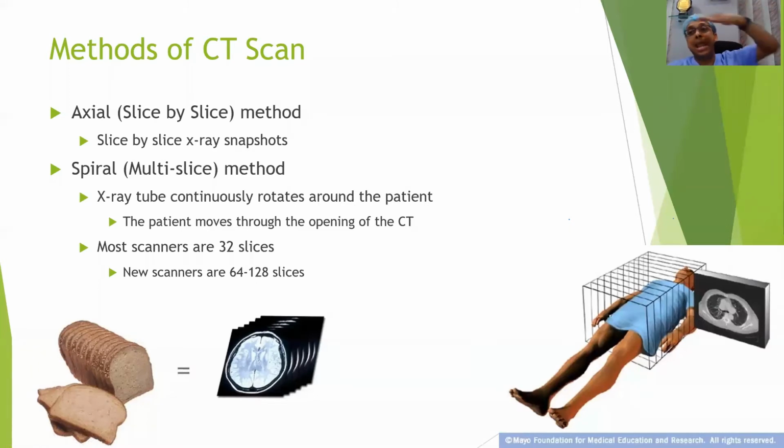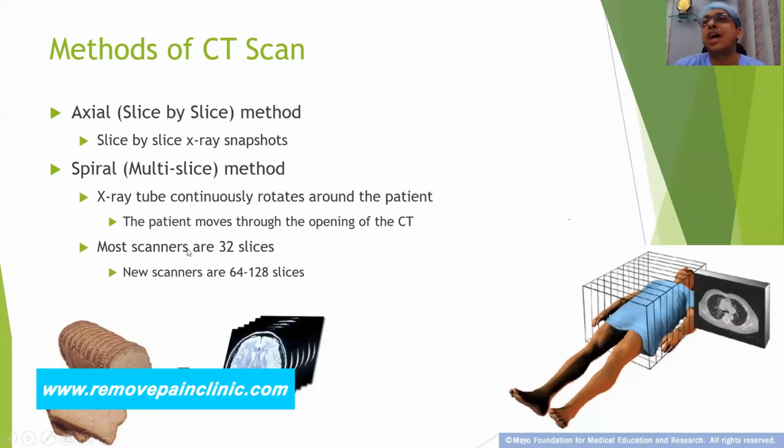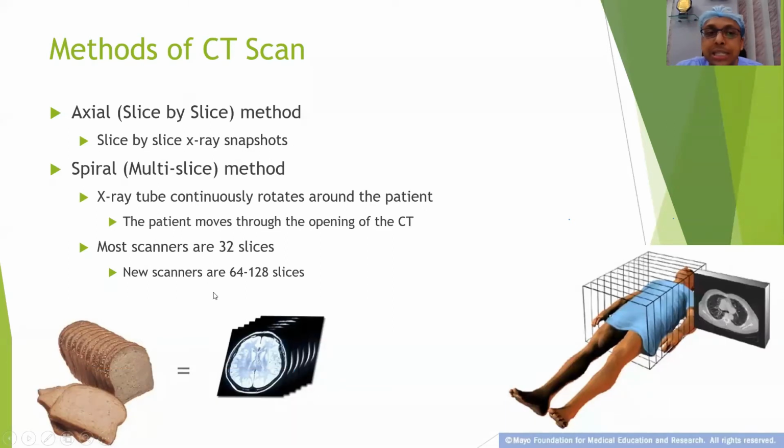Because if I am lying down supine, the gantry where I am lying down actually moves, and the X-ray moves circularly across my body, circumferentially, so that it takes a 3-dimensional image of the structure which is supposed to be irradiated. Initially we had 16 slices of CT scan data. Now the norm is 32 slices. Newer scanners can go up to 64 to a maximum of 128 slices.